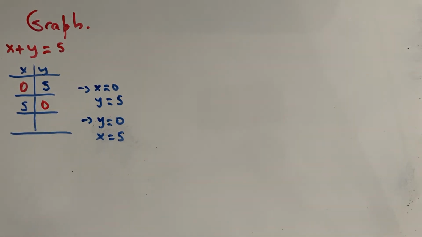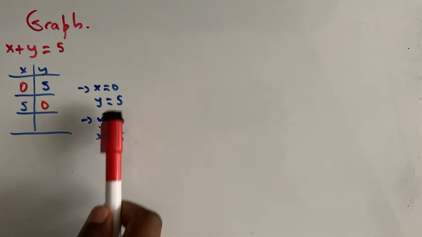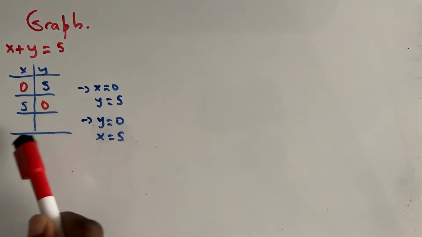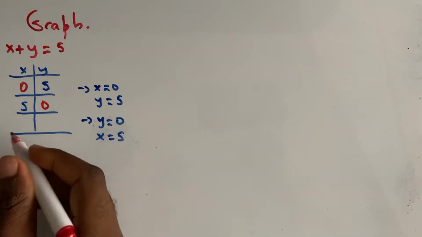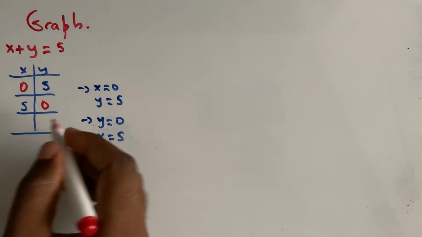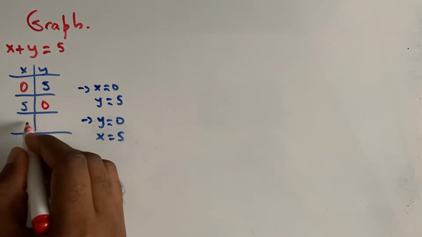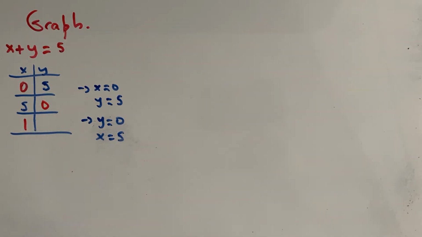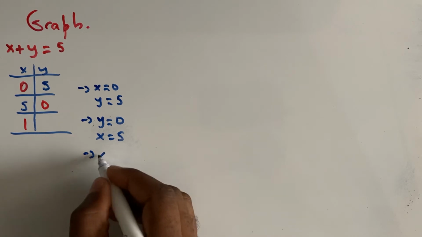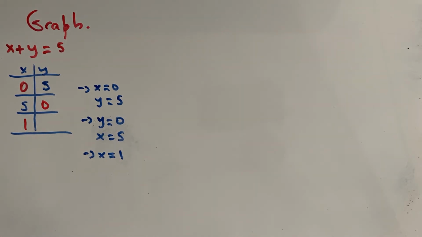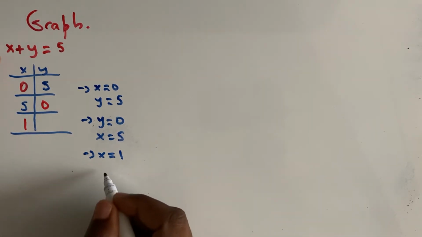All right, so for the third point, you could actually graph using the intercepts, but I'm saying for the third point you could pick another value. For example, you can let x be 1. Now if x is 1, you go back to the original problem.